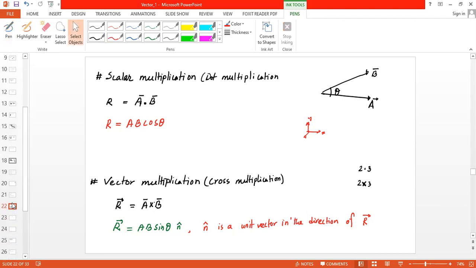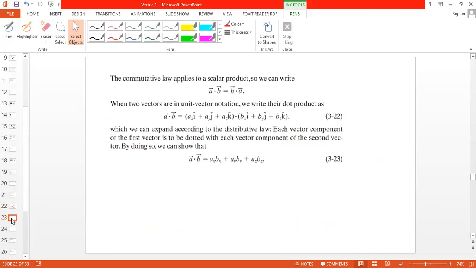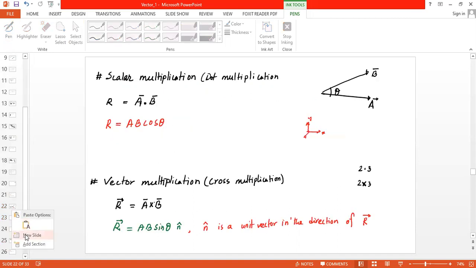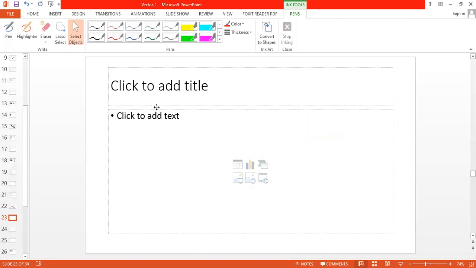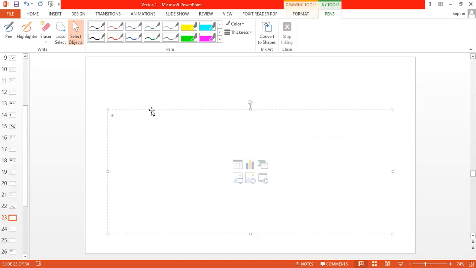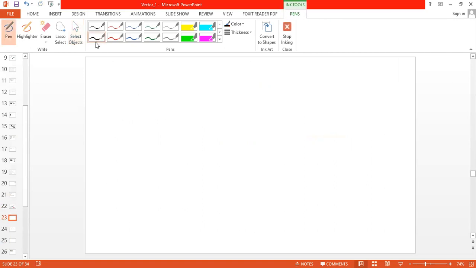Is it clear, guys? Let's discuss a little more about this kind of thing. Now, I want to discuss the multiplication of unit vectors.